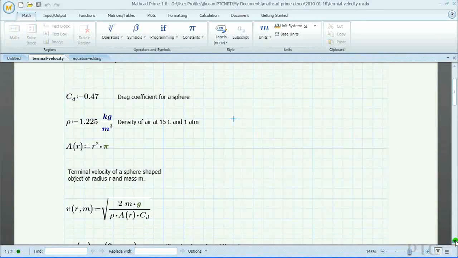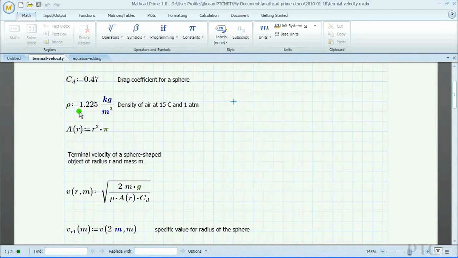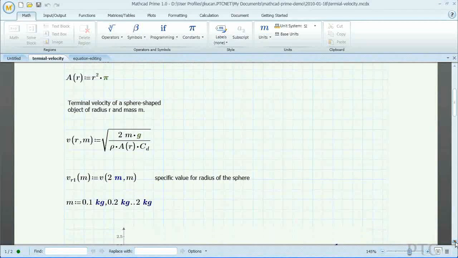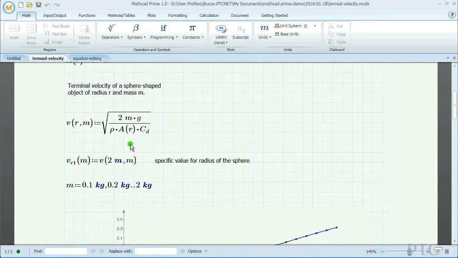So in here, we are defining a physical constant, which is the density of air. And of course, this comes with the dimension kilograms per meter cubed. We can use that in calculations and MathCAD will understand the dimension used.